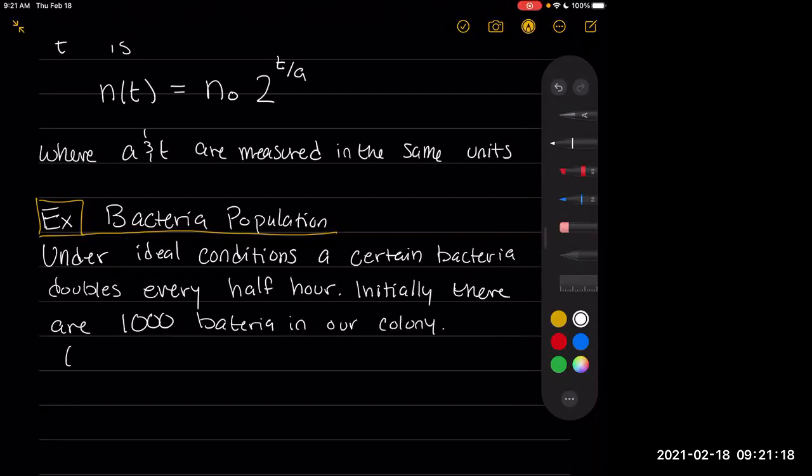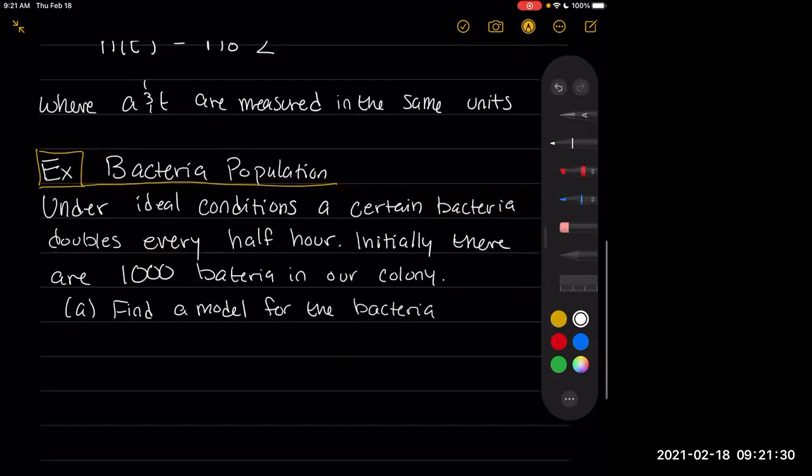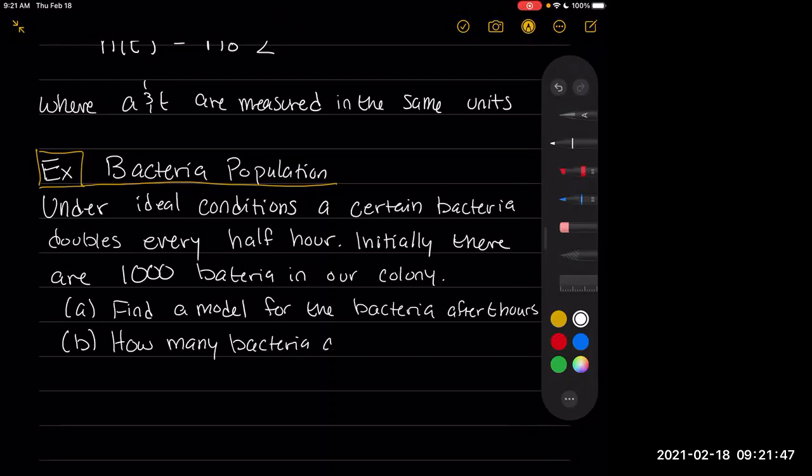First, we're going to find a model after t hours. Second, we're going to find how many bacteria are there after 4 hours.